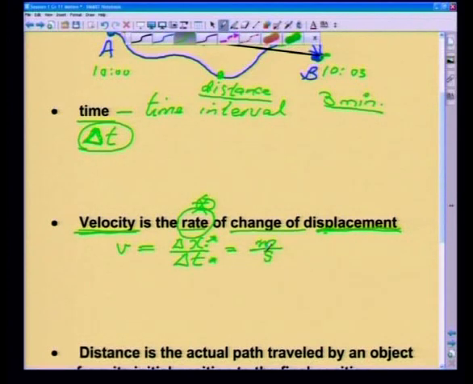So that s there is for second. This would mean that the unit of measurement for velocity is meters per second. That is very important.